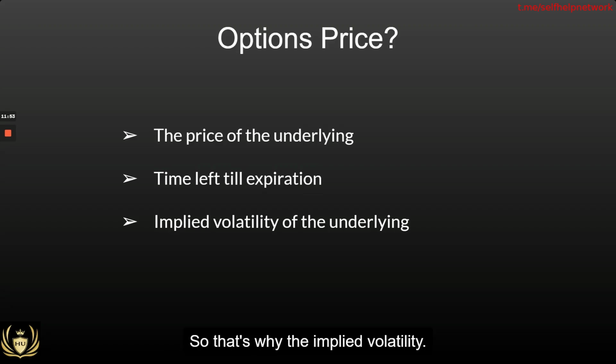So that's why the implied volatility affects the option price. Now, is there a way to figure out the exact implied volatility? No, because it does not depend on historical volatility. The way it's figured out in the options world is through the market prices at which the options are traded, and then some iterative methods with it. We will concern ourselves with it at a later stage.